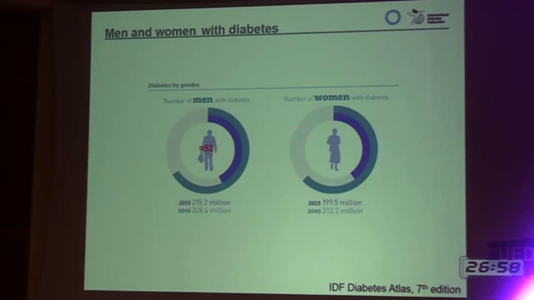Of course, 48% are female, showing that males are more affected by diabetes. By 2040, that proportion will stay at the same level, but the number will increase to almost 330 million in men and about 313 million in females.